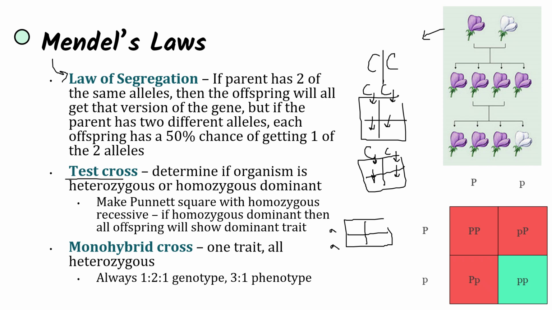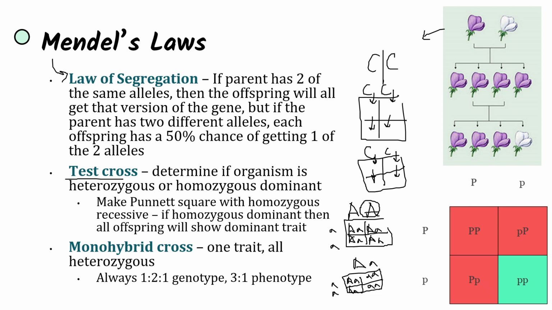If the organism were homozygous dominant, then all of the offspring would appear phenotypically of the dominant allele, because all offspring would be heterozygous, and so the dominant allele would be in control. Whereas if it was a heterozygous organism, then some of the offspring have the chance to express the recessive allele, because they will inherit two recessive alleles, and they will not all inherit a dominant allele, again, due to our law of segregation.